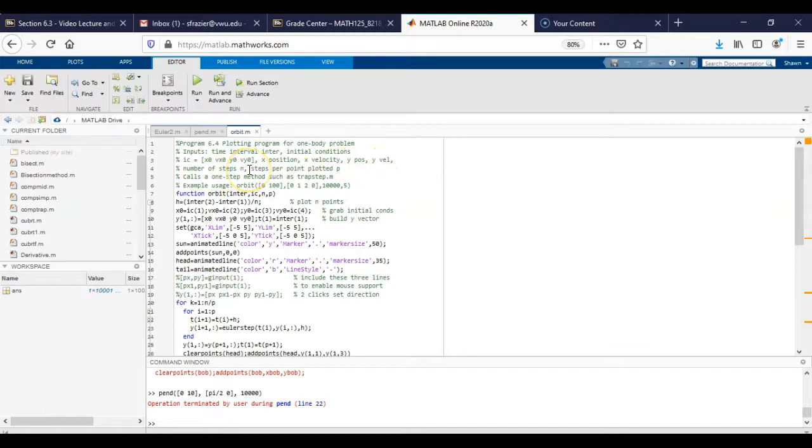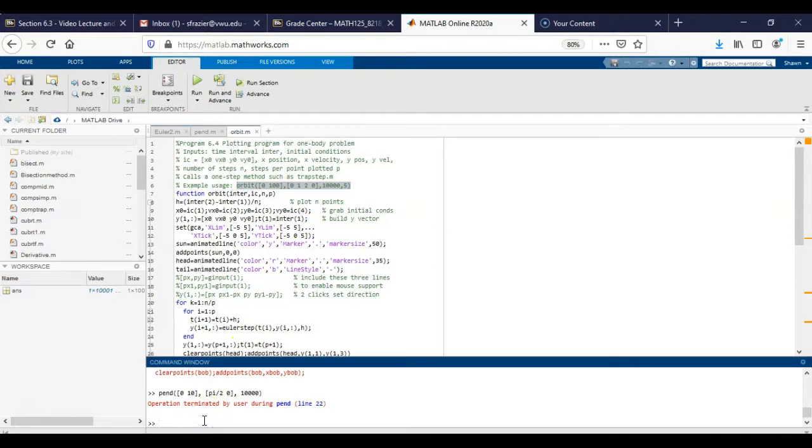We need the number of steps per point plotted, so it needs the number of steps and the number of points plotted, p. This is dealing with the animation, so no need for that. So let's just run this one here and see what we get. This is going to simulate some planet orbiting around the sun. Our time interval is 0 to 100.